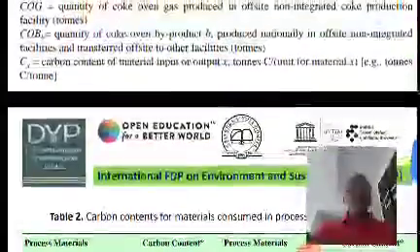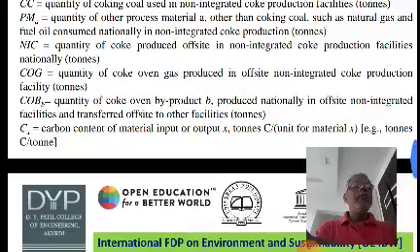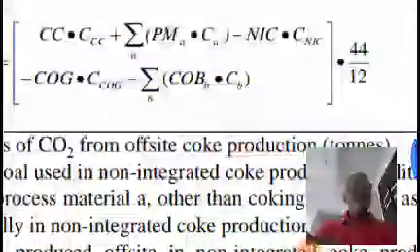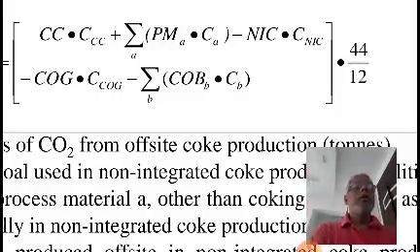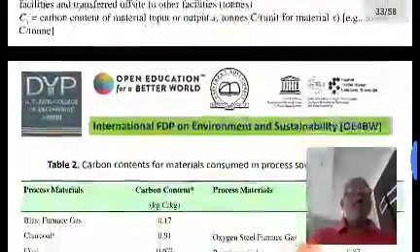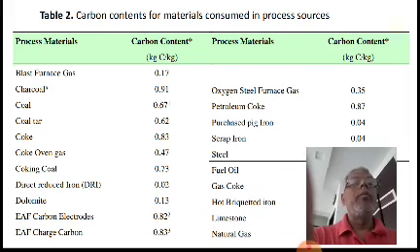By this equation you can calculate the CO2 emission for the offsite. And this carbon content, especially, you can see here in this equation, Cx is the carbon content of the material input or output x in tons. So this you have to calculate. This Cx part is available in this table.